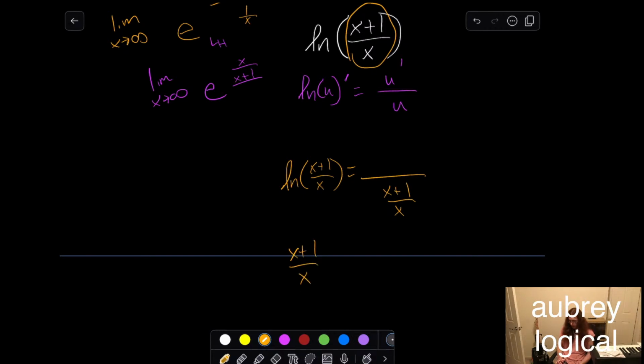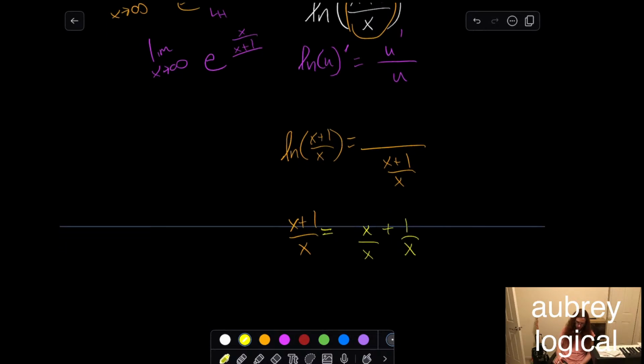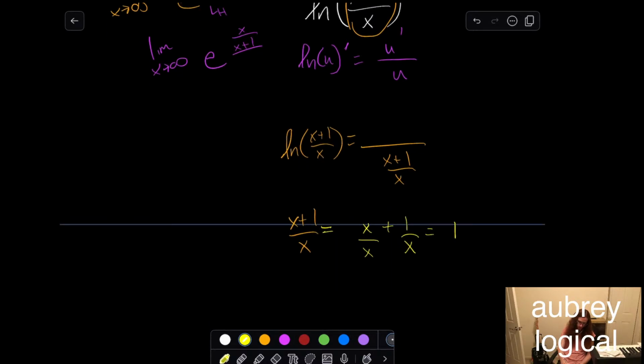The thing that I'm having hard seeing about this is because this is equal to x over x plus 1 over x. So then you have to rewrite this as 1 plus 1 over x.